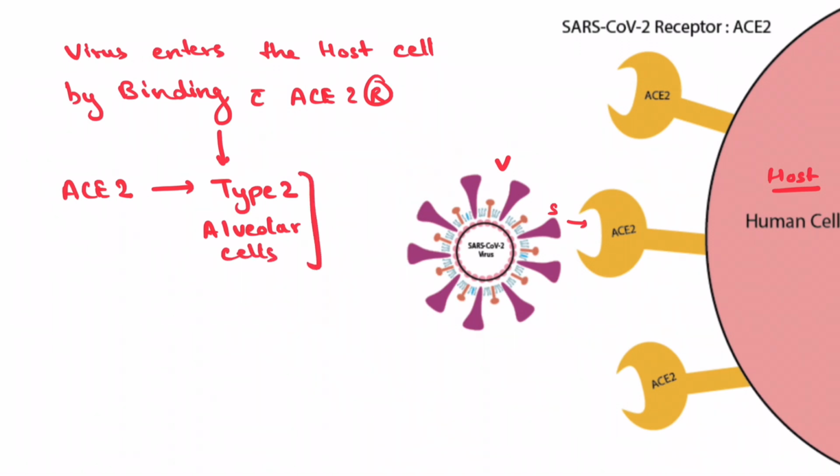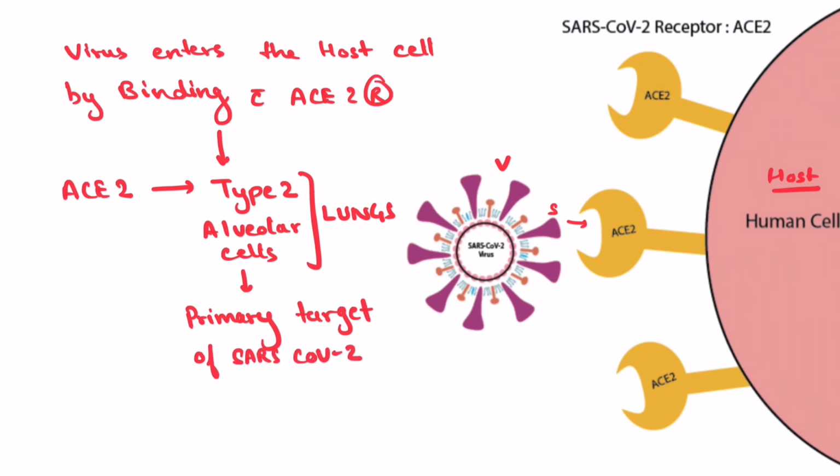These type 2 alveolar cells are present in the lungs, and these are the primary target of the SARS-CoV-2 virus. Okay, so this is about the physiology of the SARS-CoV-2 virus.